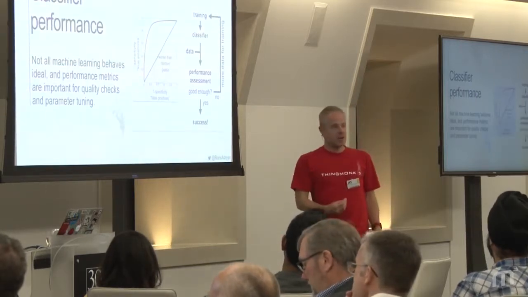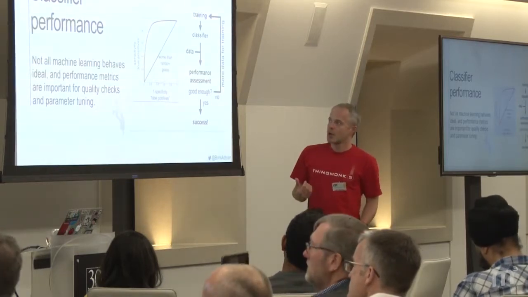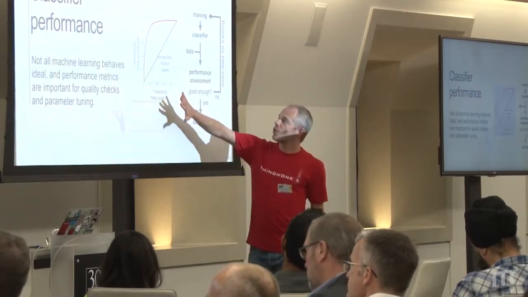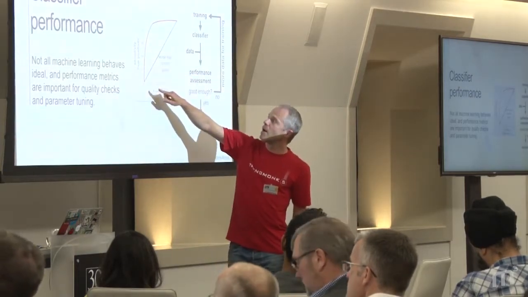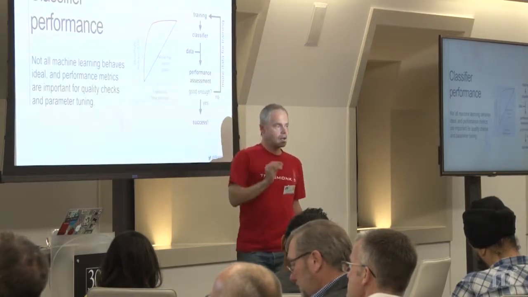Now, how do we decide whether that classification is reasonable? One example are these curves here. Here, I'm plotting my true positives against my false positives.